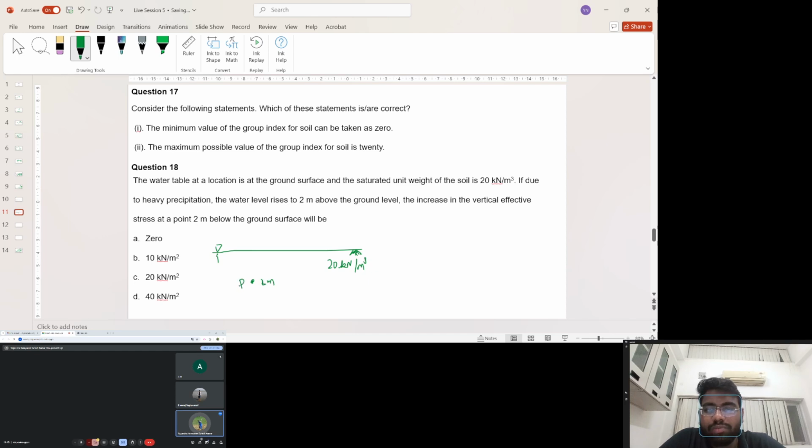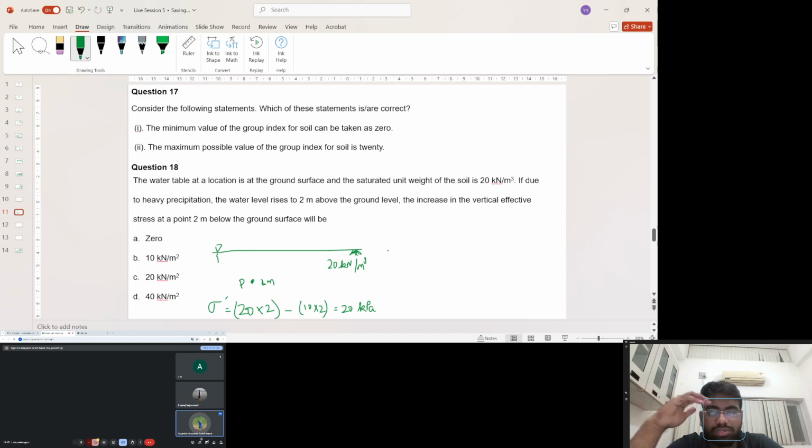So let it be point P. Now this is the first condition. Let us calculate the effective stress. Effective stress is 20 into 2. Let gamma W be 10. 10 into 2, which is 40 minus 20, it is 20 kPa.